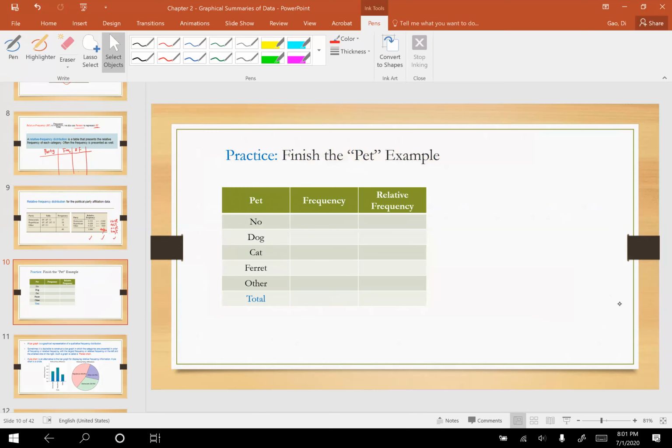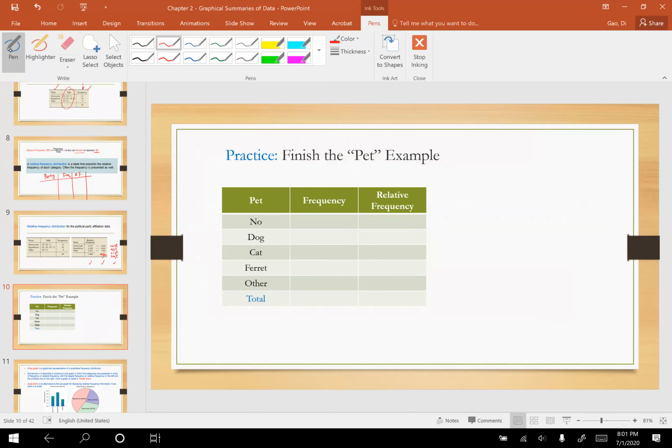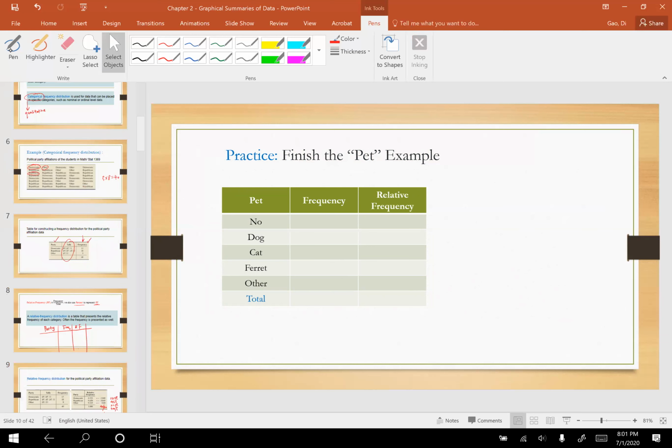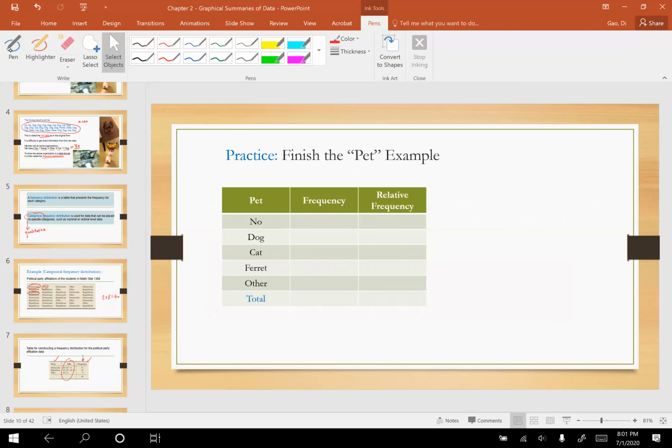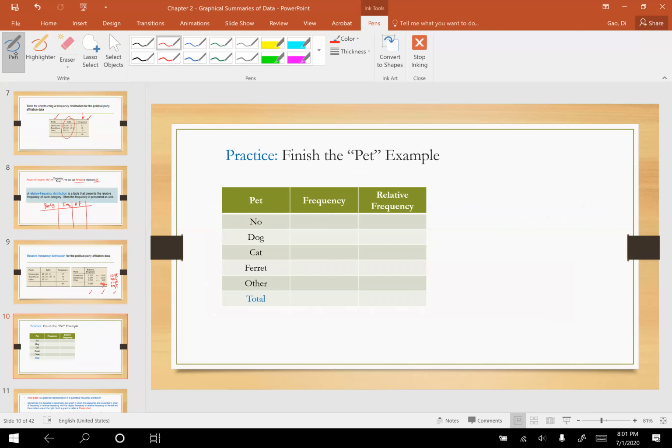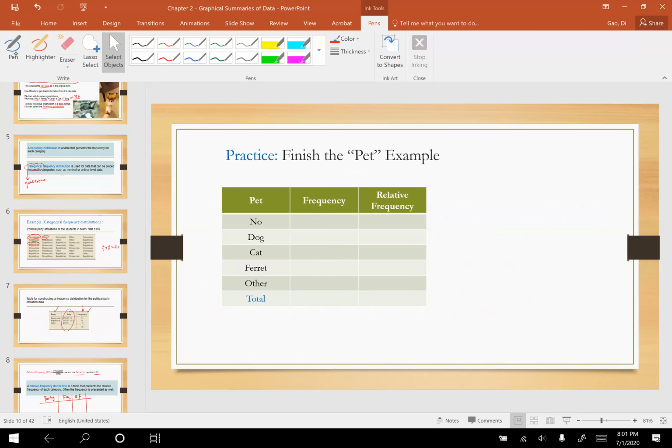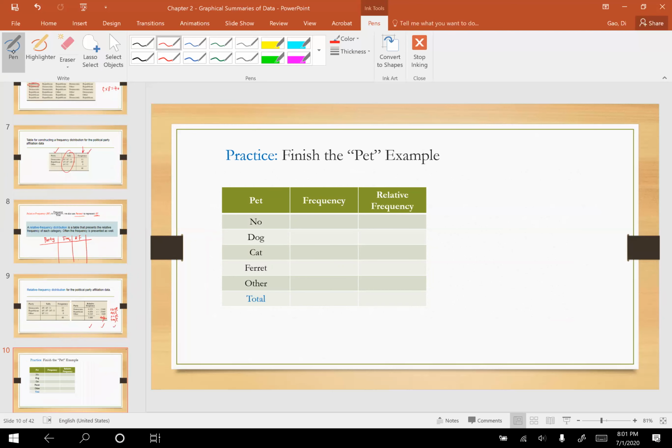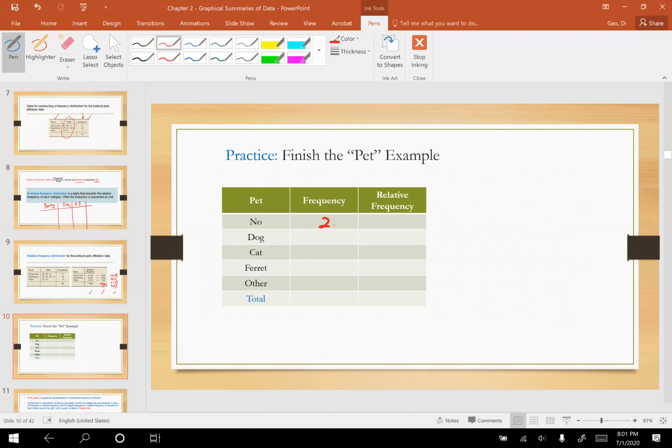And now let's finish the pet example. If we go back to check the count, we have 2 for one category, 1 ferret, 4 other, and I think 6 cat and 17 dog.